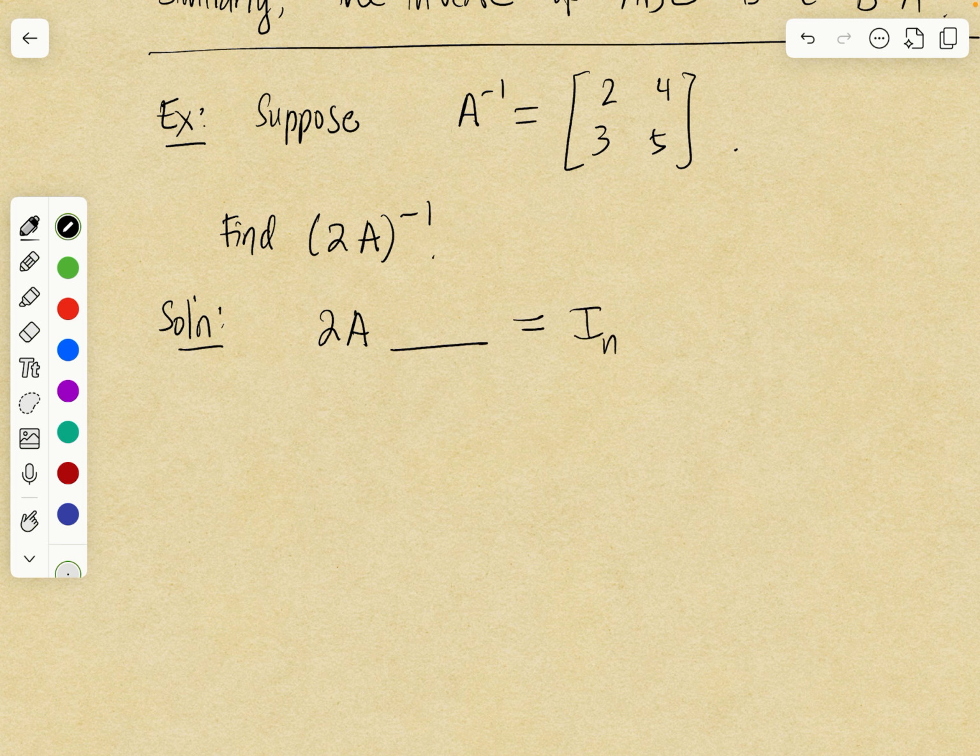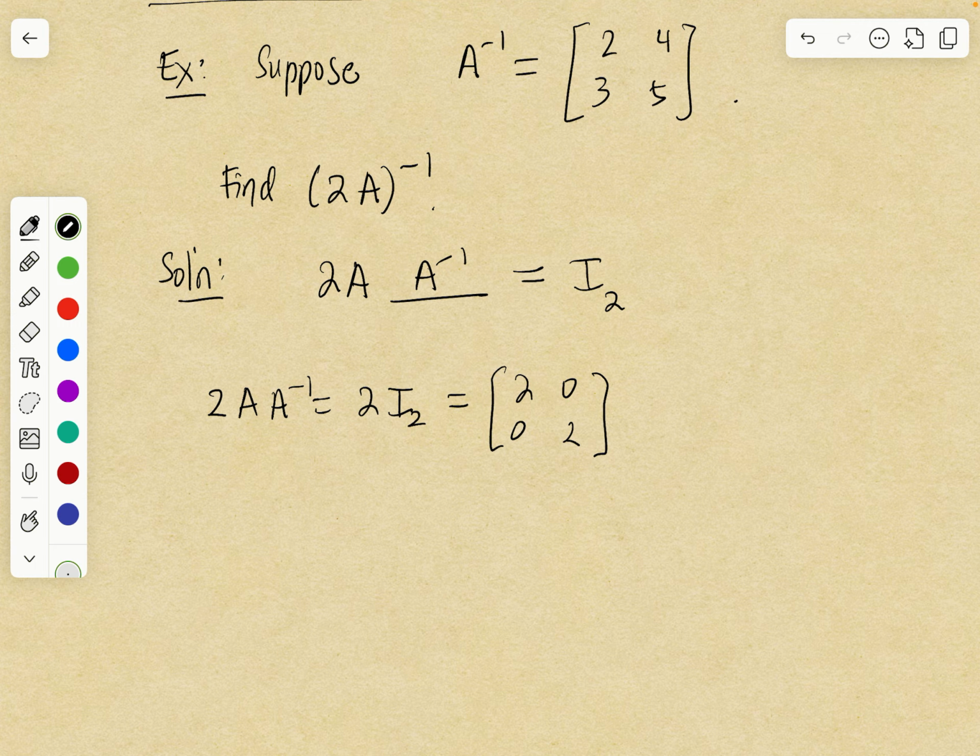In this case, the 2 by 2 identity matrix. Let's try working with A inverse. If I just have A inverse and I do 2A times A inverse, I'm going to get 2 times the identity matrix. In other words, I'm going to get this matrix.